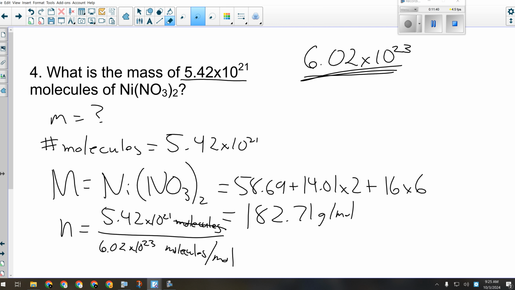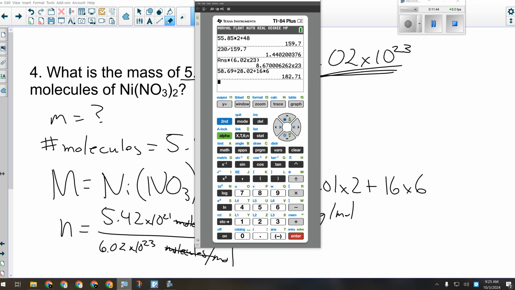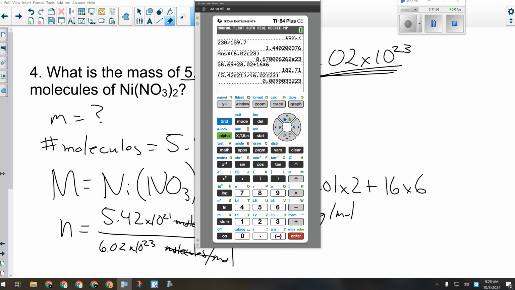The molecules will cancel and I'll be left with moles. 5.42 E21 divided by 6.02 E23. Yeah, small. It's a very small amount of moles. And that's okay. We kind of figured it would be when we looked at the exponents.